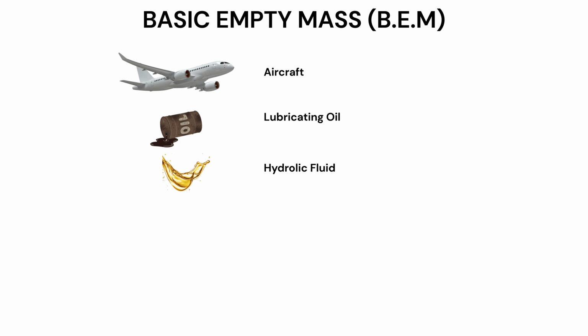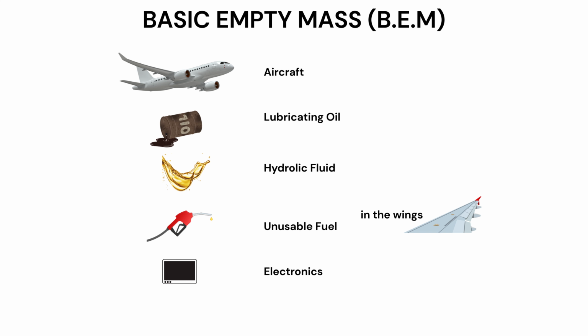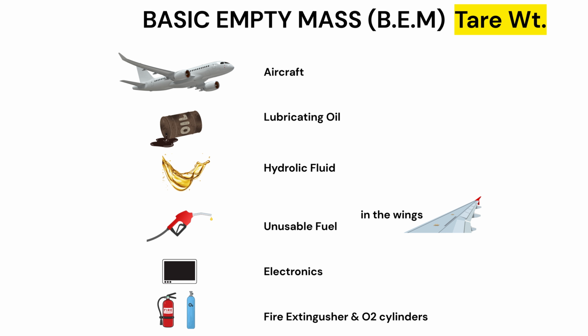So BEM includes aircraft structure, lubricating oil, hydraulic fluids, unusable fuel, electrical equipment, safety stuff like oxygen cylinders, fire extinguishers. You don't have to remember everything, but if you see anything like this in the exam, mark it. Also, BEM is sometimes known as tare weight. Just another term for it.